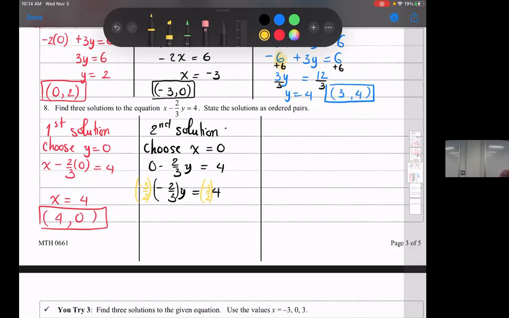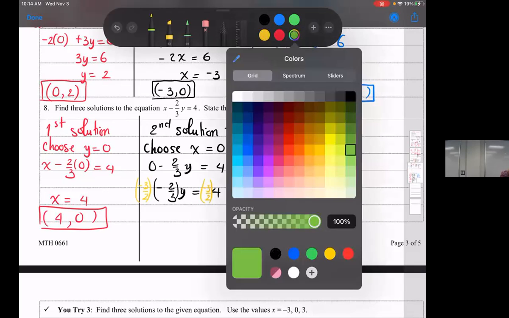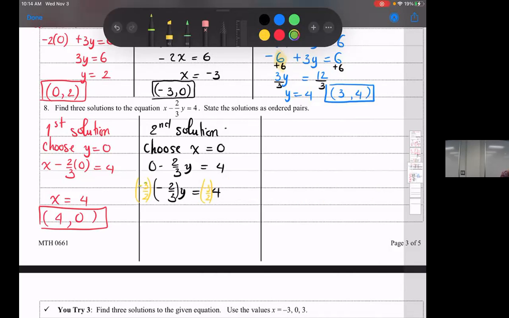Sorry, is that what you said? Let me pick a different color because I can't see. All right, negative 3/2.